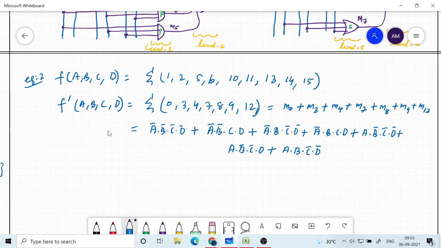Now what I am trying to do is take the complement of the complement, which is f, and apply DeMorgan's theorem.